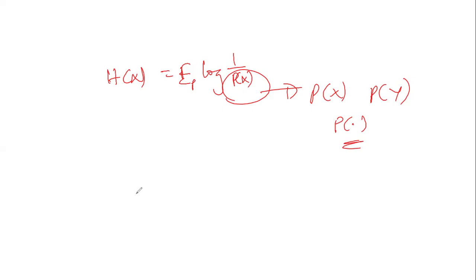And since we already know that given that X is transmitted and Y is received, we can have the entropies relative to the source and the destination symbols, okay?